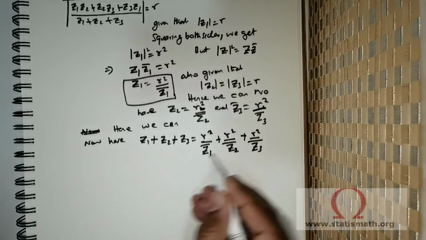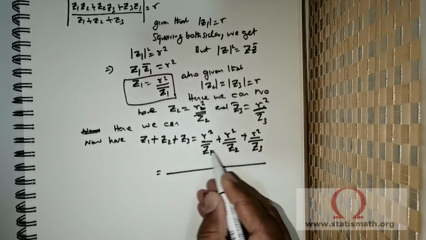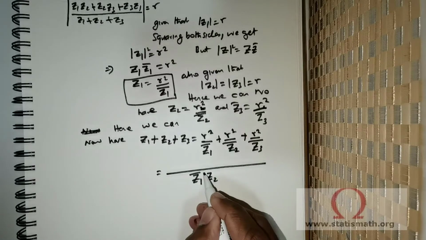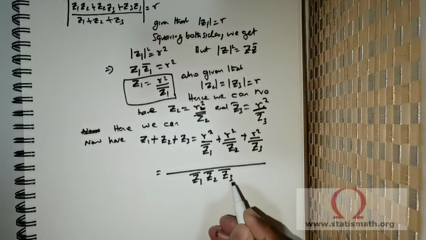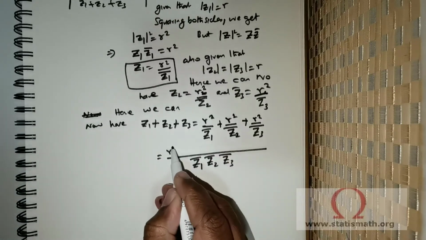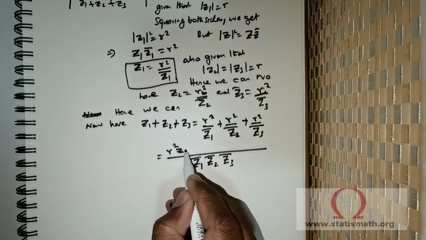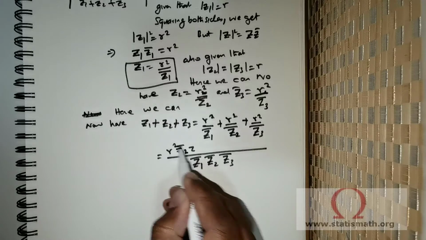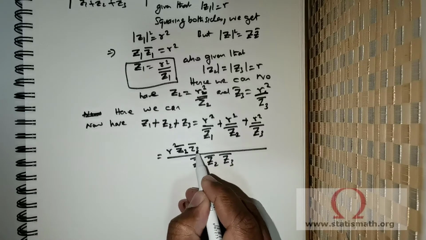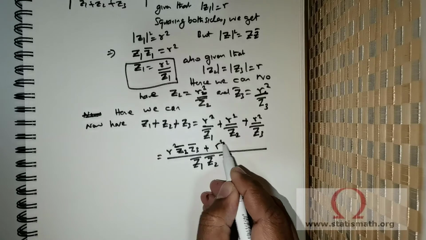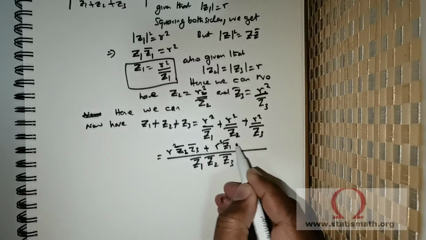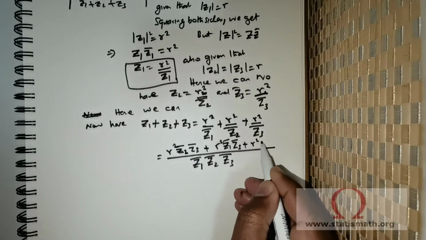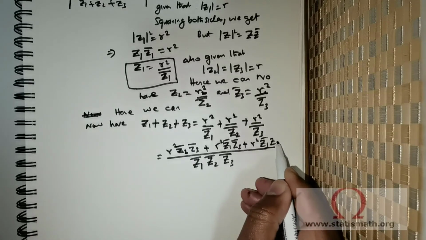Now if I take the LCM as z1 bar times z2 bar times z3 bar, then the first quantity is going to be r squared times z2 bar times z3 bar, plus r squared times z1 bar times z3 bar, the third one is going to be r squared times z1 bar times z2 bar.